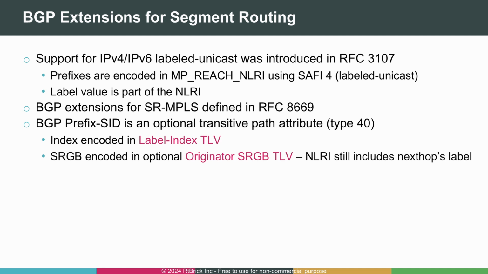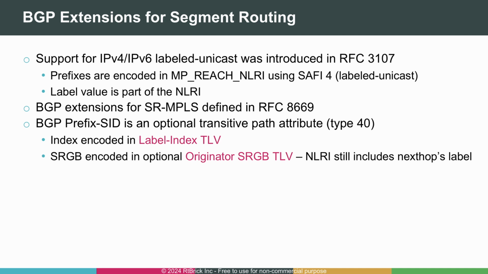This feature was introduced in RFC 3107, which utilizes multi-protocol extensions in BGP to advertise non-IPv4 unicast prefixes. The multi-protocol reachable NLRI inherently carries both the address family identifier and subsequent address family identifier.